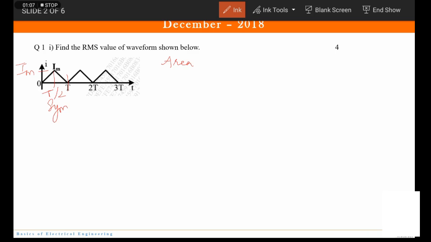It means that, let me draw it here. Suppose this is the waveform. I have divided it into 2 parts. This is part number 1 and this is part number 2. If I calculate the area of part number 1, it will be the same as the area of the second part.